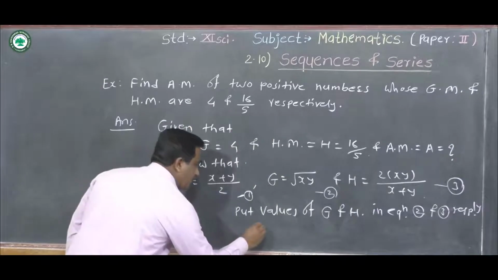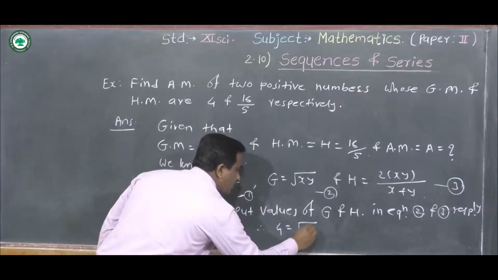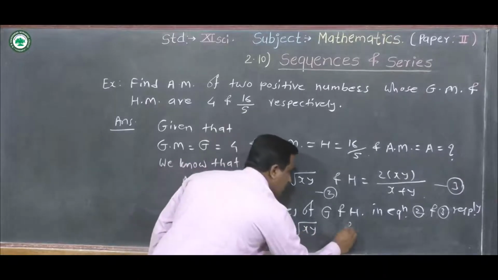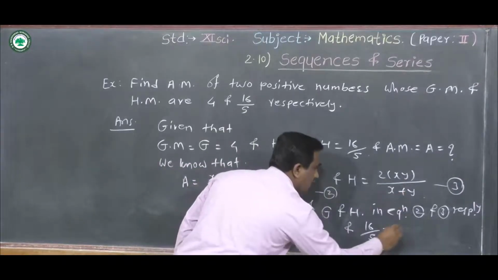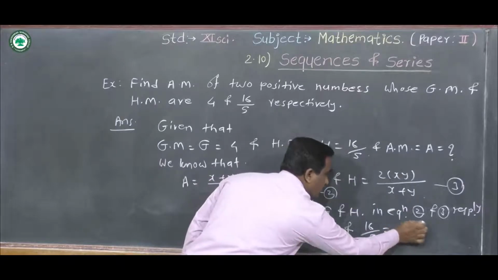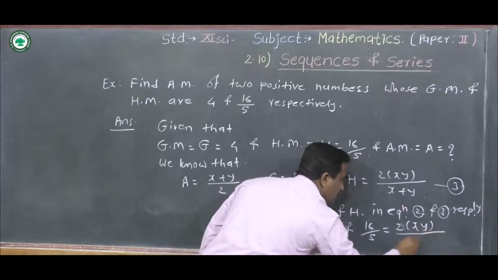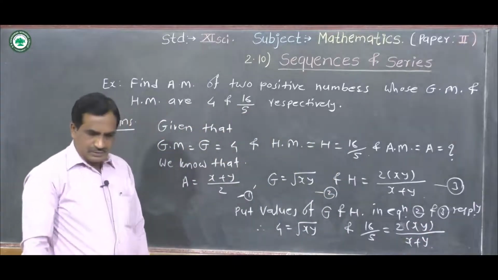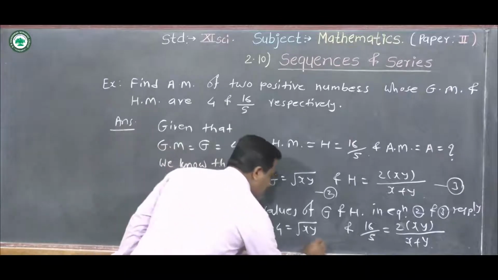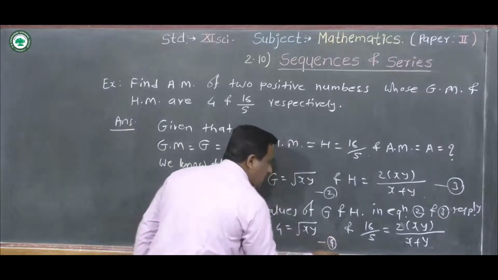Therefore, we can write 4 equal to under root x into y, and 16 upon 5 is equal to 2 into xy upon x plus y. Call this equation number fourth, and this equation number 5.